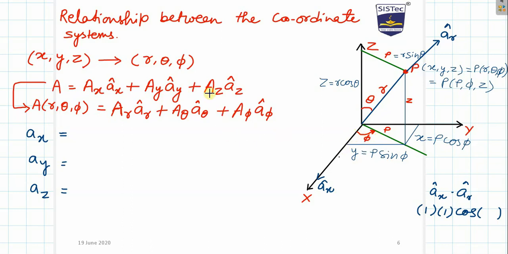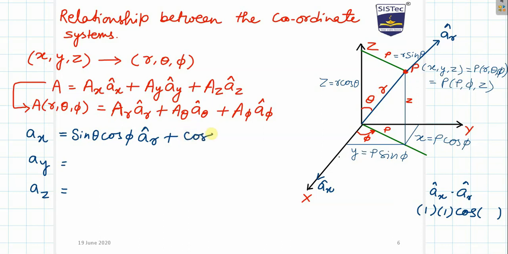So what can we write here? We can write sin theta cos phi, and then a r. Then plus, now what is the angle between AX and R? Theta. Next is theta direction. So for theta we can write cos theta.